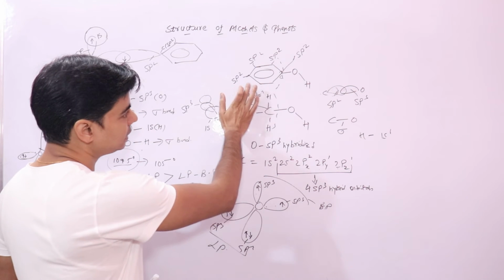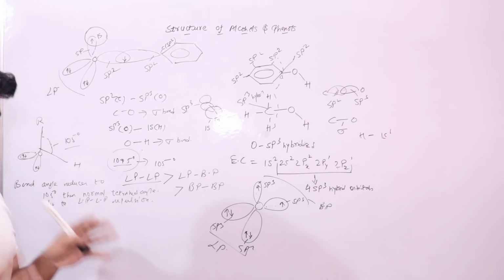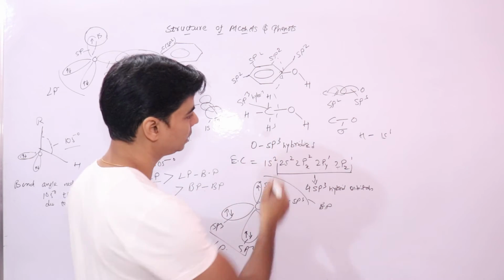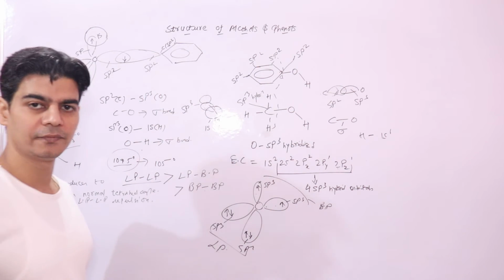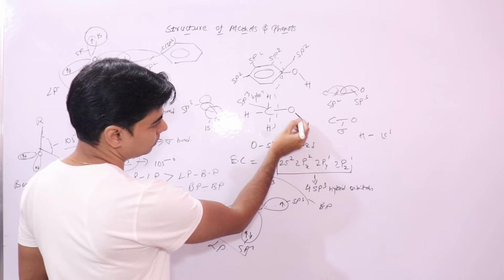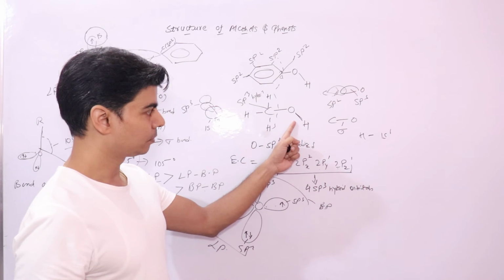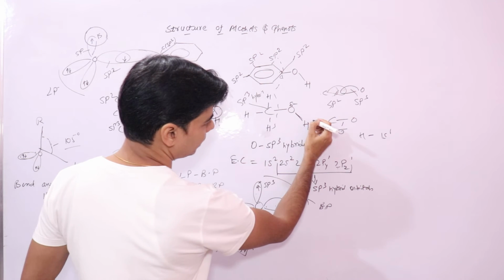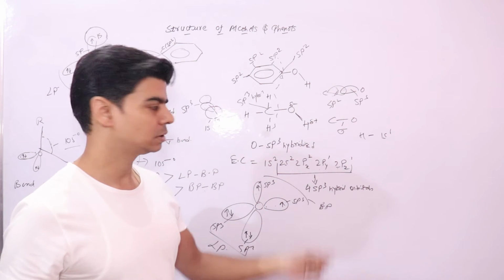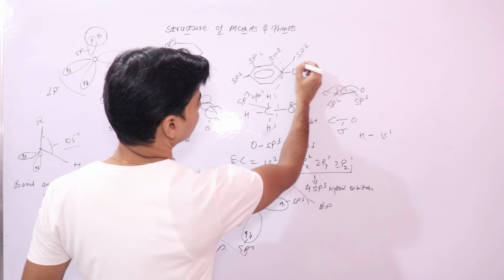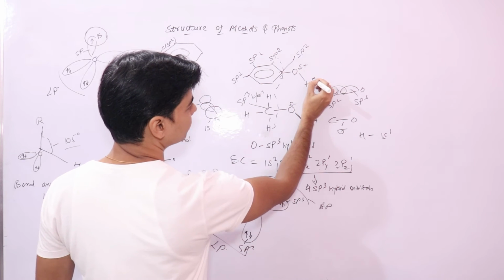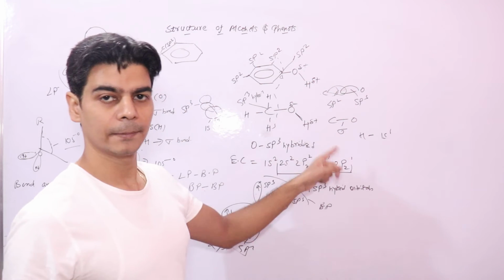Since we know that this bond is a polar bond, because of the difference in electronegativity, this bond pair would be more towards oxygen, giving it a slight negative charge, and hydrogen will acquire a slight positive charge. This is how it looks. Here also, sorry, it will have negative, it will have positive.